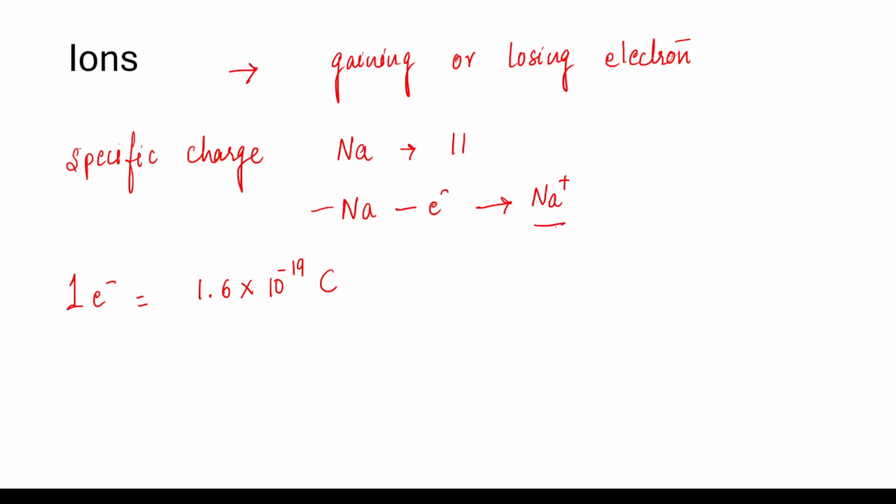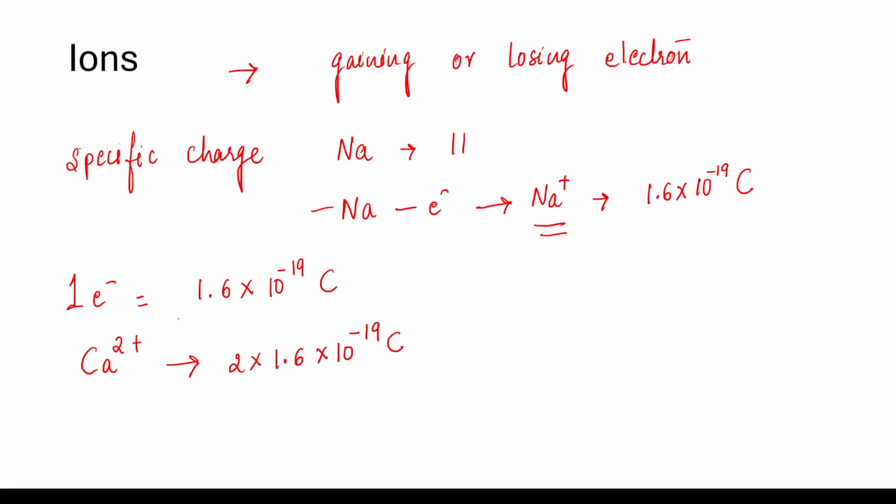So my sodium plus ion has a charge of 1.6 times 10 to the power minus 19 coulombs, positive of course. Another example is calcium. Calcium forms a 2 plus ion, so it has 2 positive charges. So the charge of calcium 2 plus will be 2 times 1.6 times 10 to the power minus 19 coulombs.